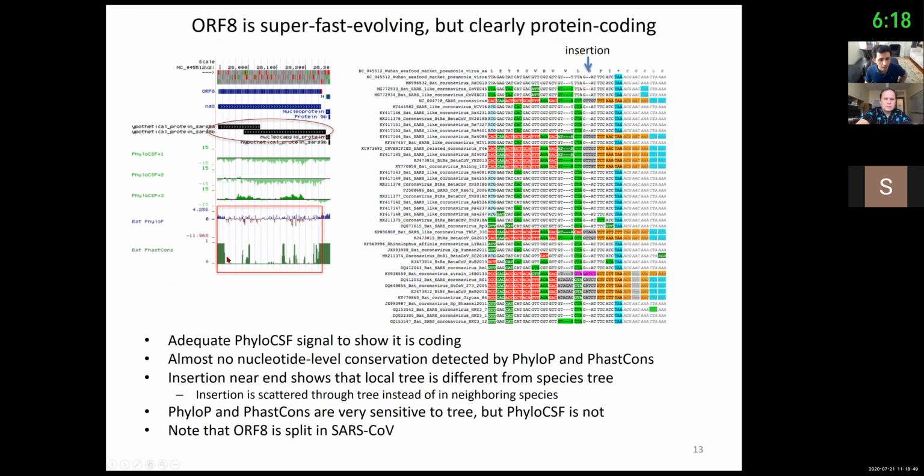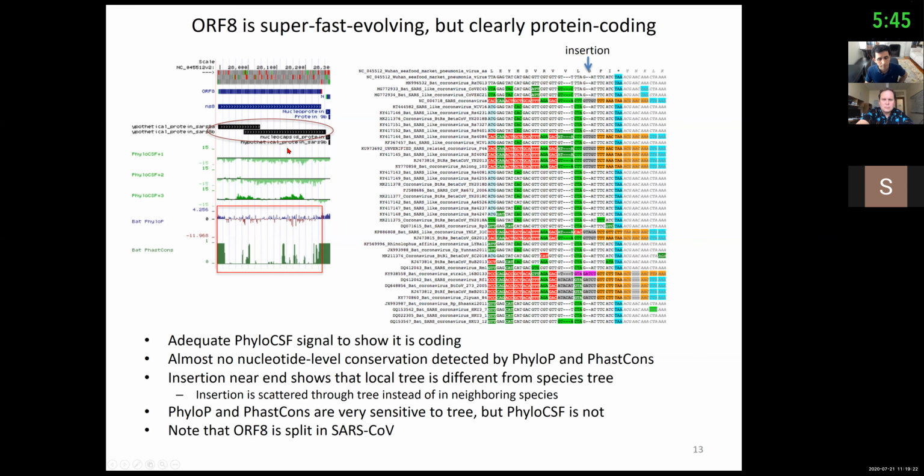So ORF8, if you look at the nucleotide level conservation in the UCSC genome browser, you basically see almost no nucleotide level conservation at all. So if you stared at this region naively, you would say, well, that's clearly non-functional. But if you look at the protein coding conservation, you see these pockets of very strong phylo-CSF signal, and no stop codons over the entire length, and very good start and stop conservation, indicating that it is indeed protein coding, even though it is very fast evolving.